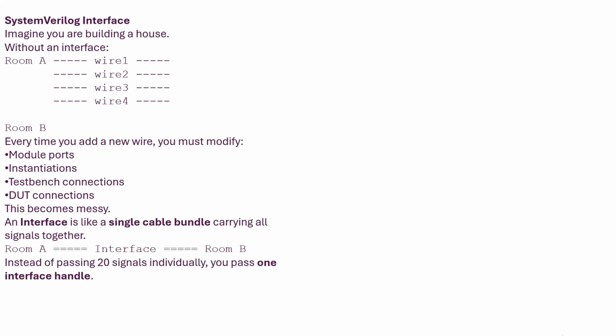Now, if you want to add a new signal in your module, you are updating the module. How can we write that? Again, I need to write the entire module, and again I need to instantiate everything. That is the problem.